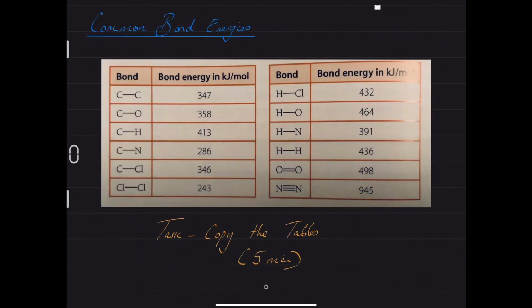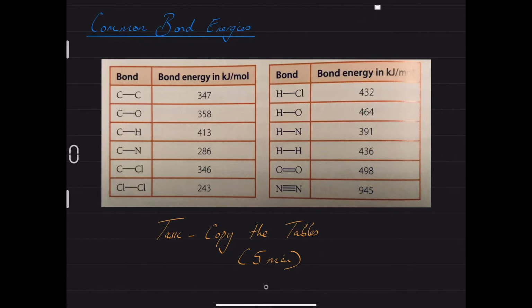Now here are some common bond energy values. And you can see here for various types of elements, when they're bonded to, even if it's the same element, for example carbon, if there's a bond between a carbon and a carbon atom, to break that bond, it requires 347 kilojoules per mole.